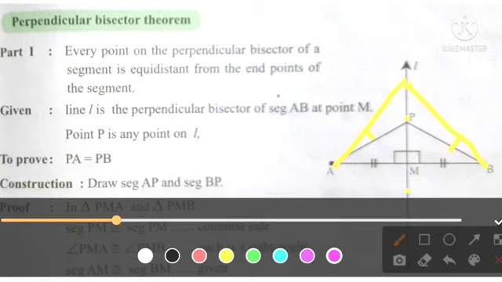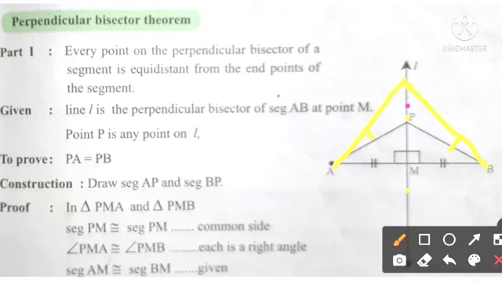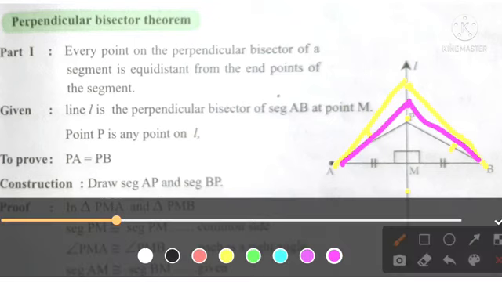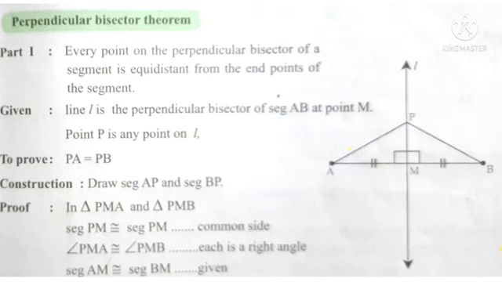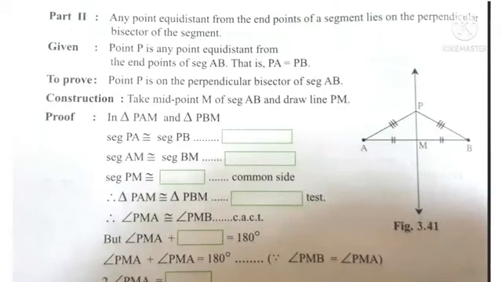I take another point here and join, these are also similar. Or you can take any point and join, these two are equidistant. Means we can say that every point on the perpendicular bisector of a segment is equidistant from the endpoints of the line segment.